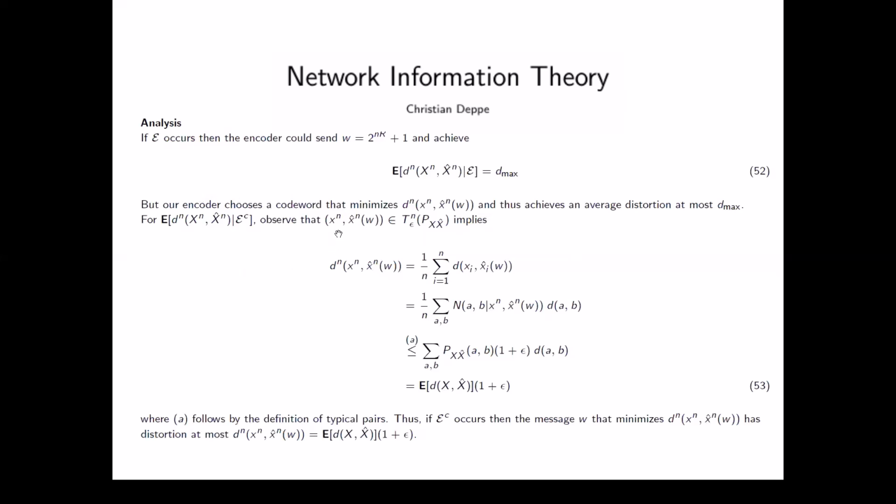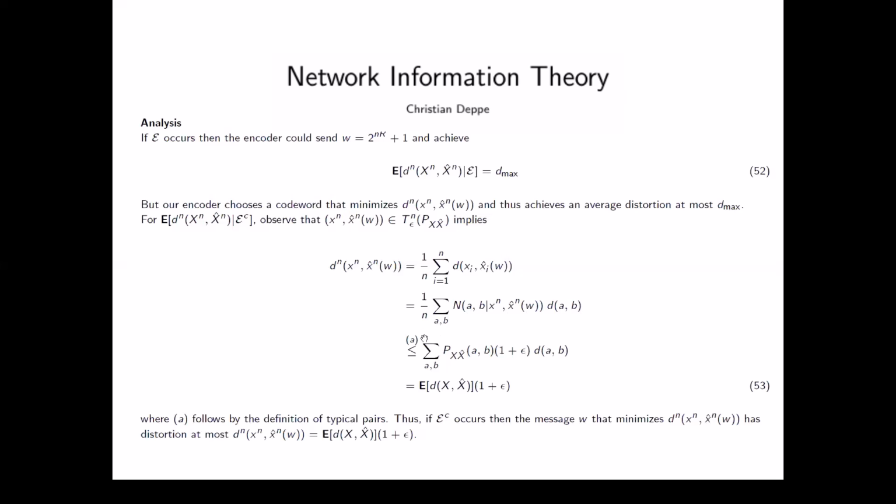What we know is, if x^n and x hat^n are jointly typical, then we can write the distortion measure, we just consider this per-letter distortion measure, in this way. Now we do it for letter typical, so we can replace this by N(a,b | x^n, x hat^n(w)) times d(a,b), and then we get the same as here.